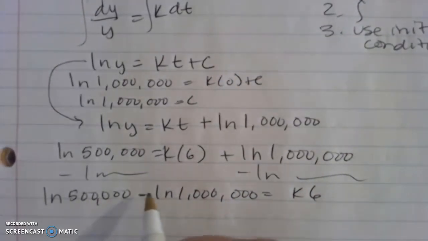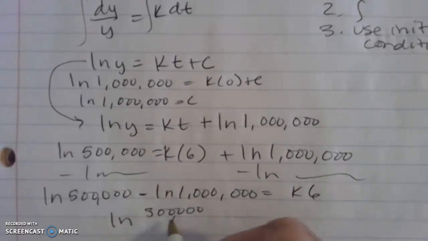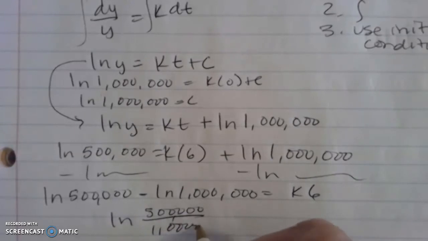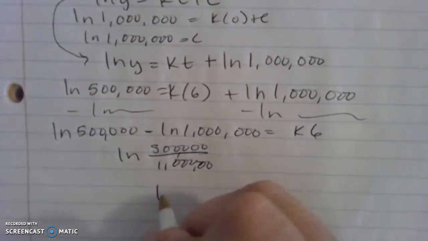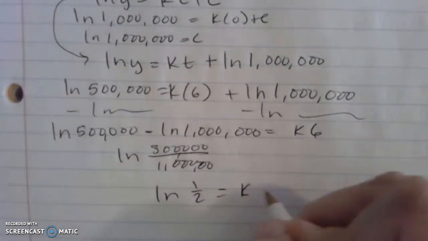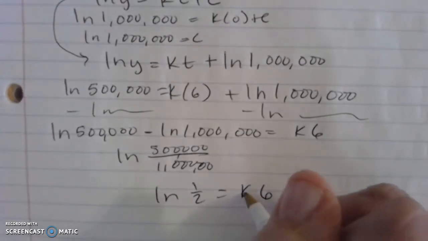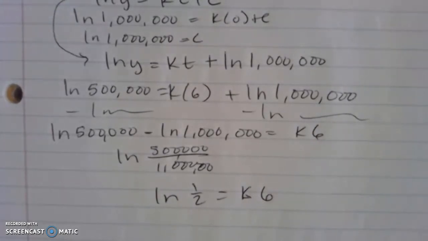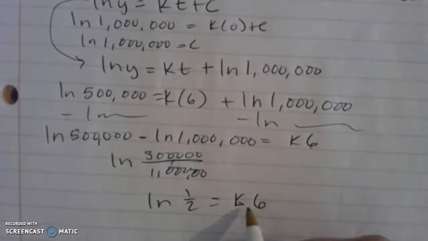Well, when it's a minus, you can write that as ln of 500,000 over 1 million. And guess what? I can now reduce that. So I get ln of 1/2 equals k times 6. And the next step is we are going to divide by 6 because we want to solve for k.